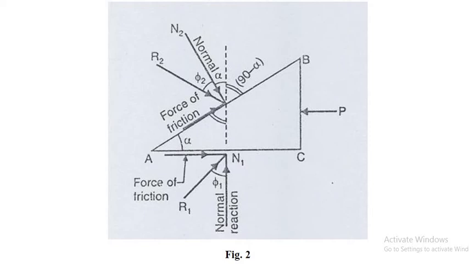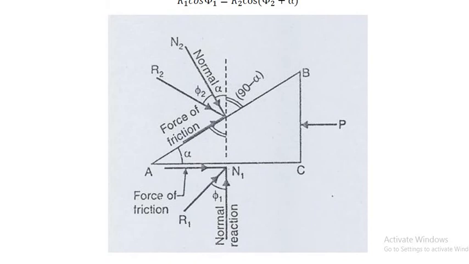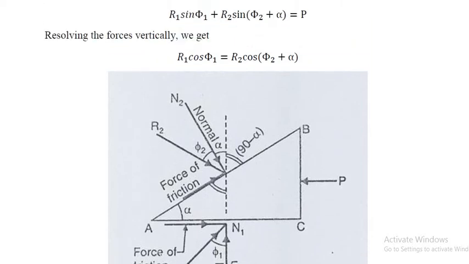So in the horizontal direction, P will be R1 sine phi 1 plus R2 sine of phi 2 plus alpha, equal to P. Similarly, in the vertical direction, if you resolve it, we will get R1 cos phi 1 equal to R2 cos of phi 2 plus alpha.